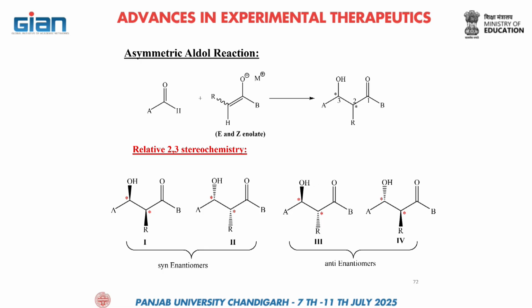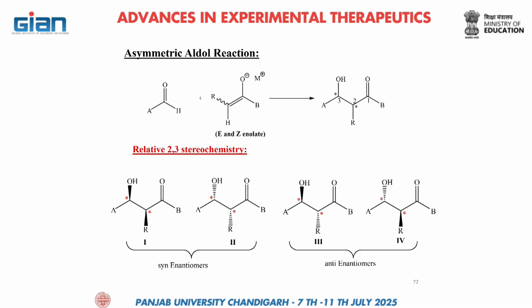If you understand the 2 to 3 keywords of asymmetric synthesis for the reaction on your screen, you can easily attempt this in an interview. The first thing you have to say is that the selection of E or Z enolate will lead to either of the groups.